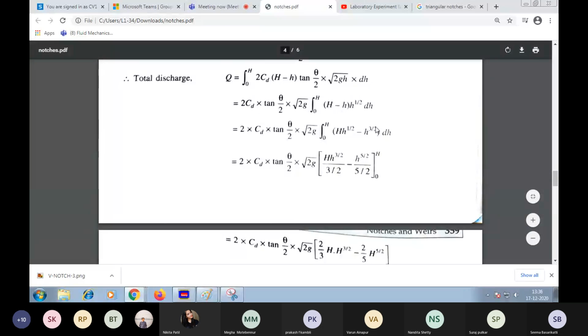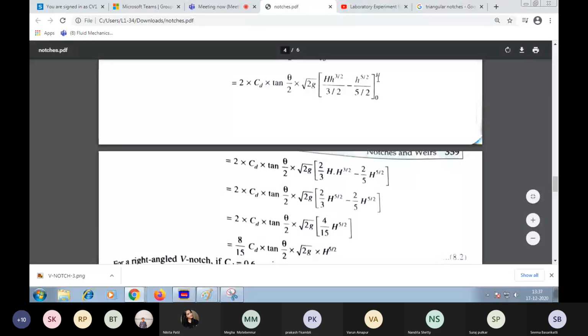It is 3/2 plus 1 and 1/2 plus 1 after integration. So equate the value of small h as capital H. When you replace small h by capital H, you get the equation as H into H raised to 3/2, and the denominator 3/2, if it goes to the numerator, will become 2/3, minus again the denominator 5/2, which when it goes to the numerator will become 2/5, into H raised to 5/2.